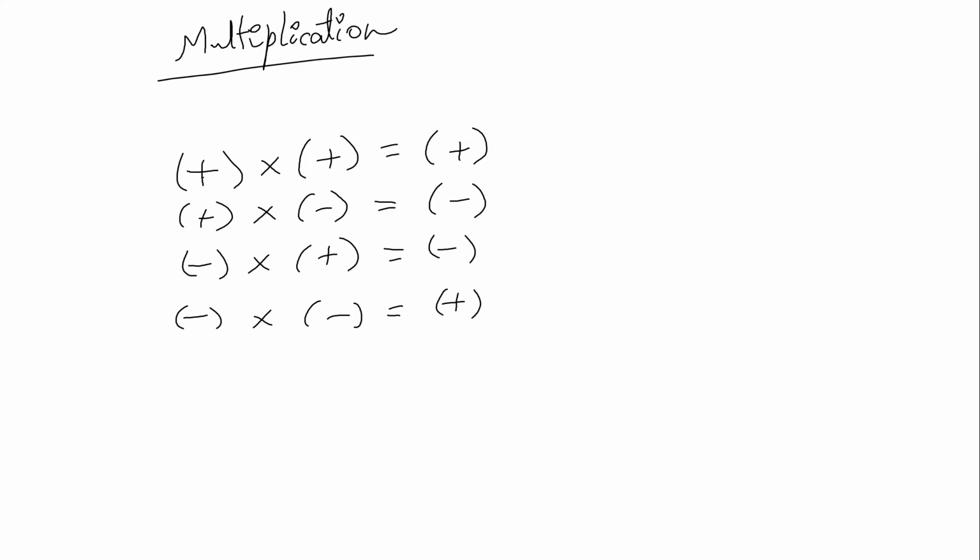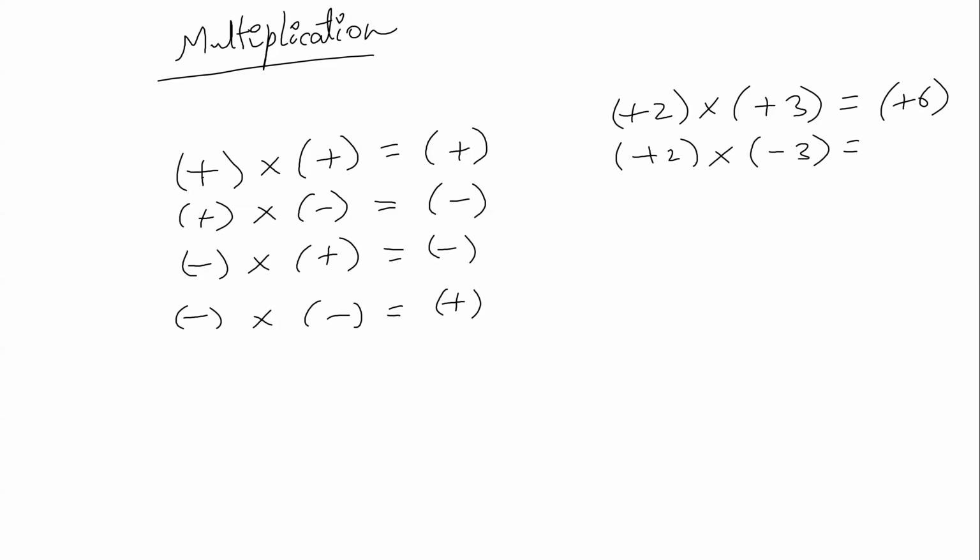Suppose, let's take an example. If I have plus 2 multiplied with plus 3, both are positive, the answer will be positive, that is 6. If the first number is positive and the second is negative, my answer will be negative.